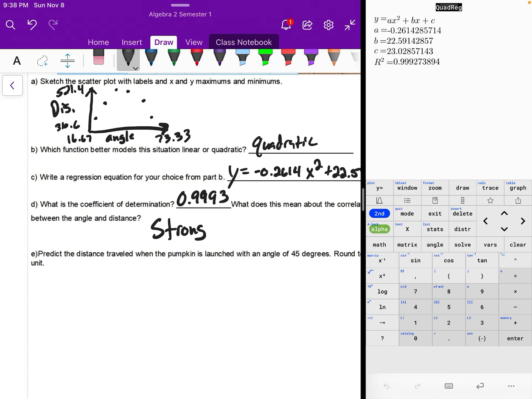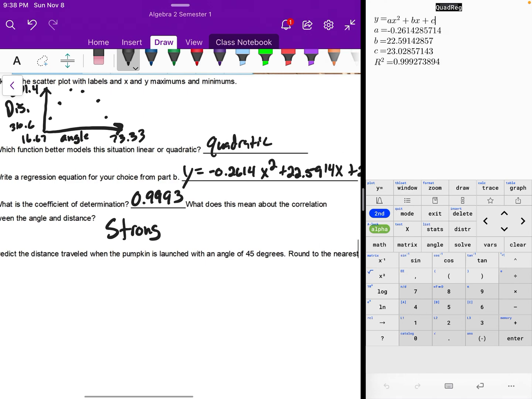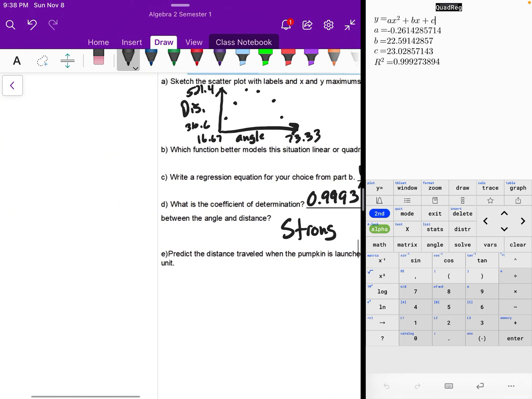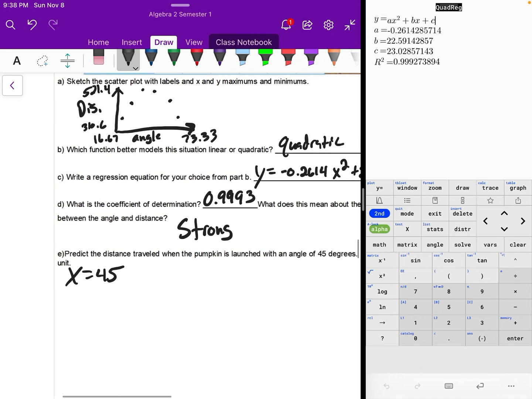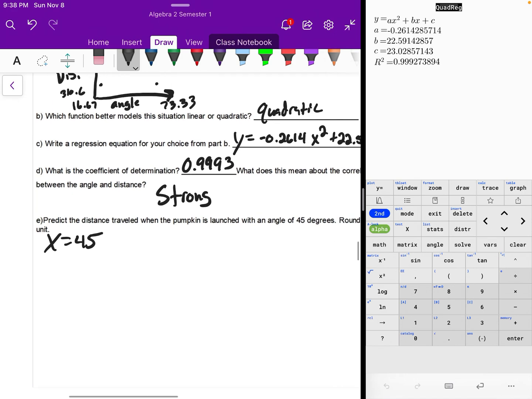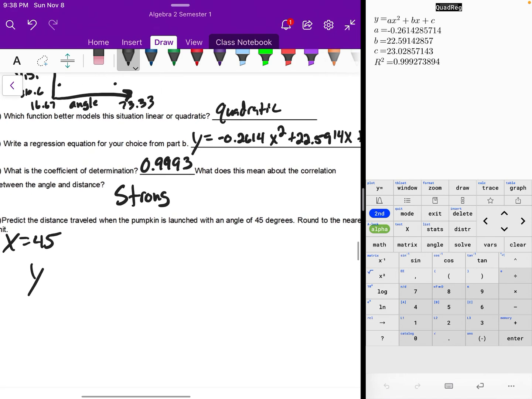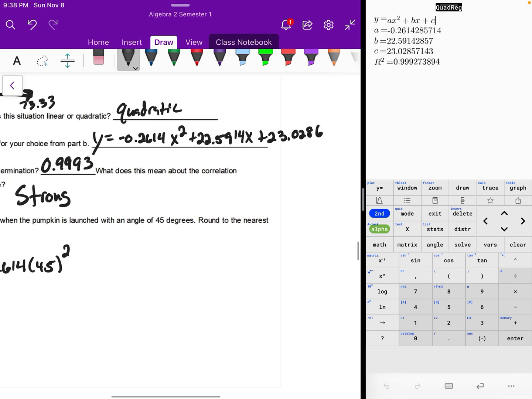Now, predict the distance traveled when the pumpkin is launched with an angle of 45 degrees. That's just saying we have an x value of 45 degrees. So from there, we plug 45 into our regression equation: negative 0.2614 times 45 squared plus 22.5914 times 45 plus 23.0286.